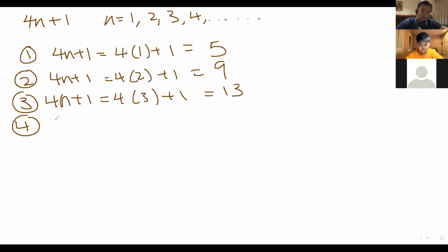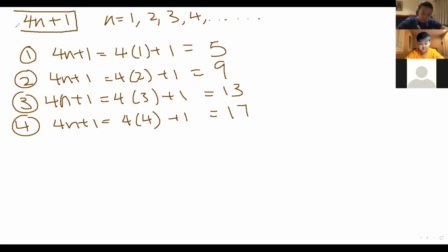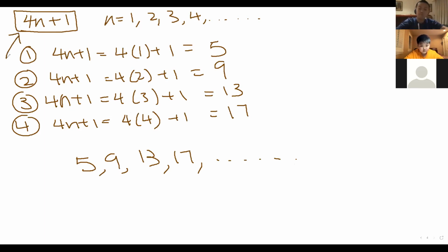When n is 4, 4 times 4 plus 1 is 17. So this one expression, 4n plus 1, generates a pattern of numbers that starts with 5, goes to 9, to 13, to 17, and it keeps going. There's a pattern to these numbers. That pattern is defined by this expression up here.